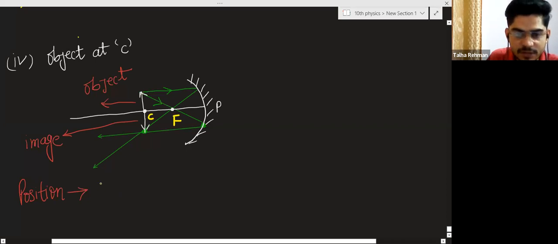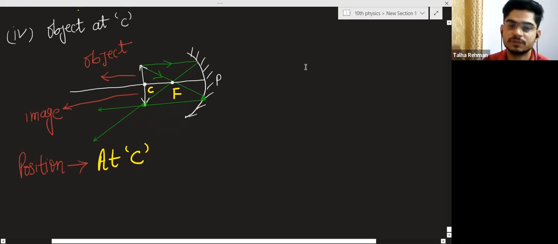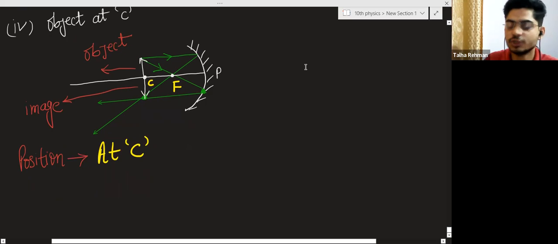The image is at center of curvature itself. So we can say when the object is placed at the center of curvature, the image is formed at the center of curvature. Means the position of object and image is same.